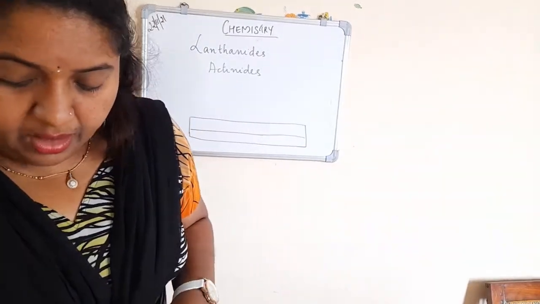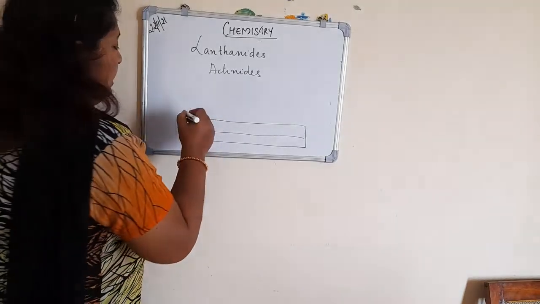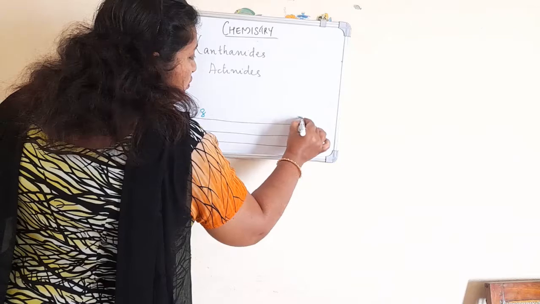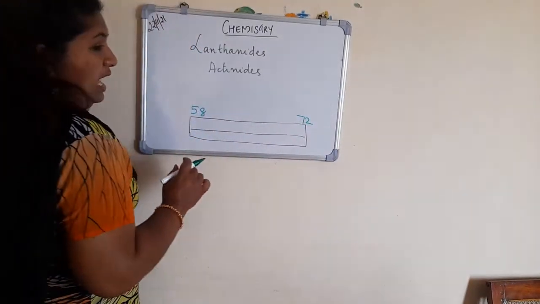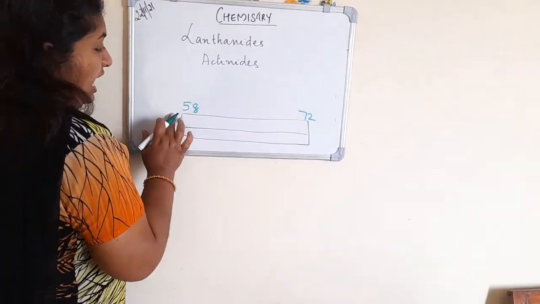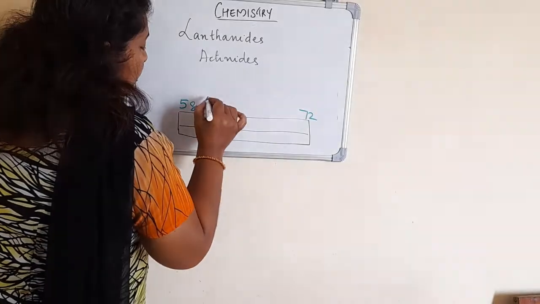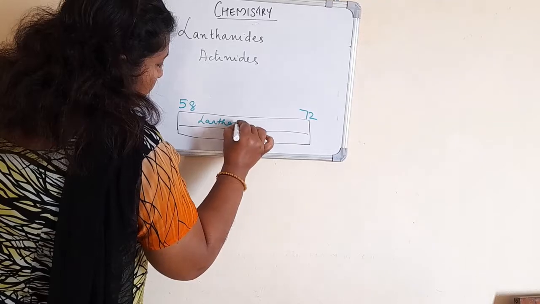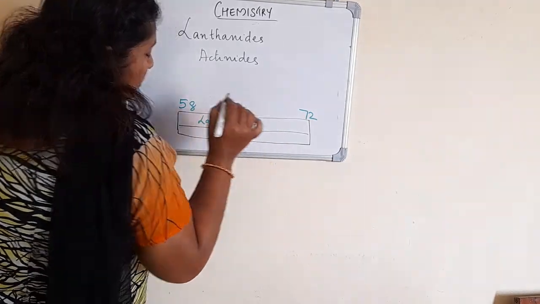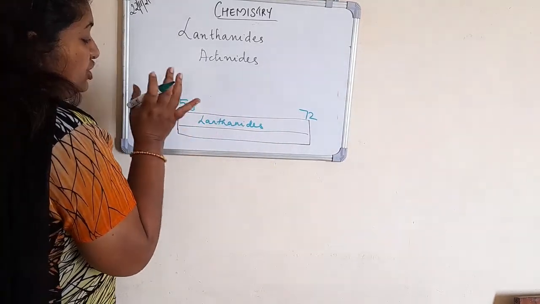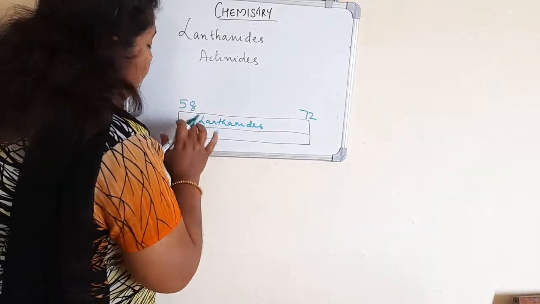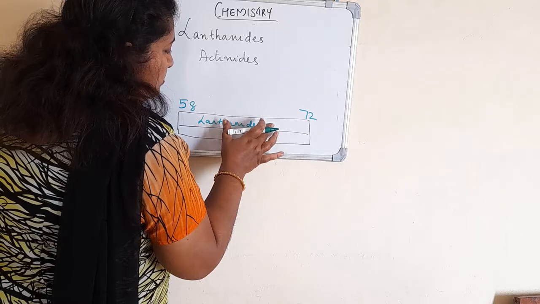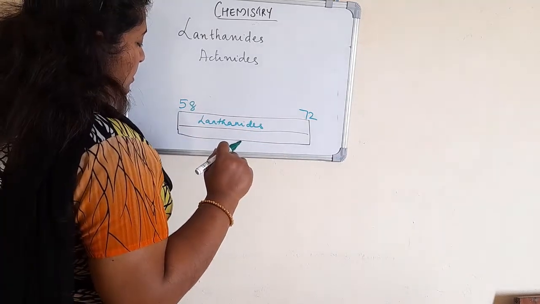The elements from atomic number 58 to 72 are known as lanthanides.